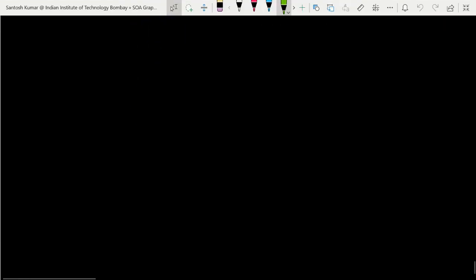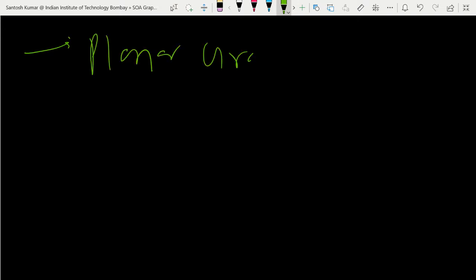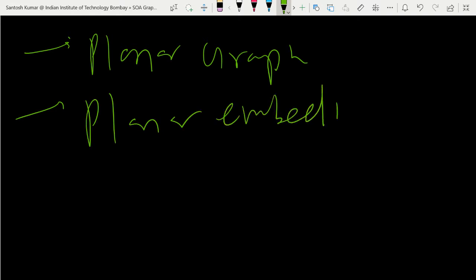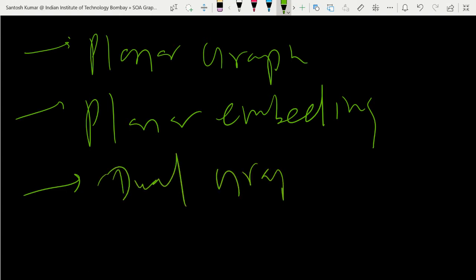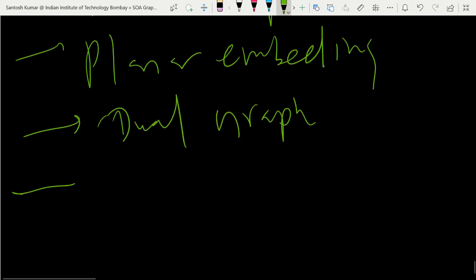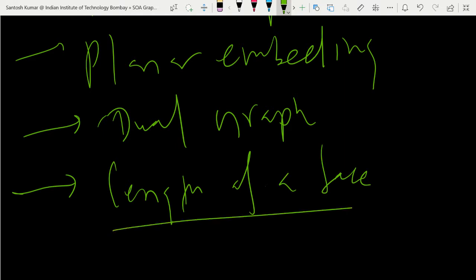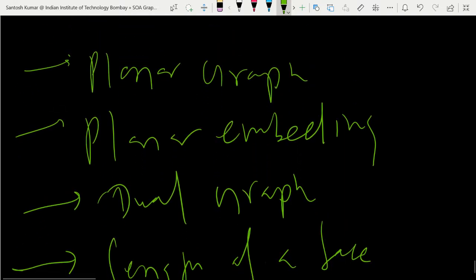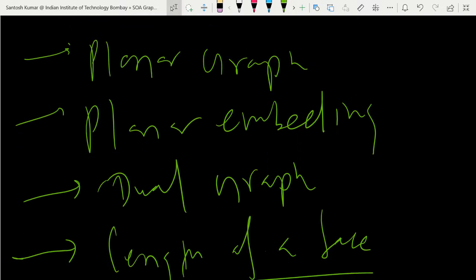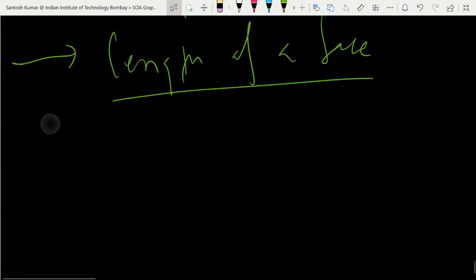So till now we have done planar graph, planar embedding, dual graph, and length of a face. Now we will discuss results related to these concepts.